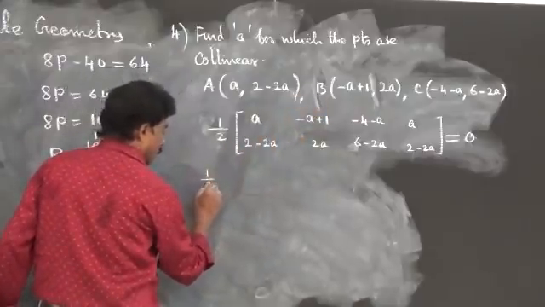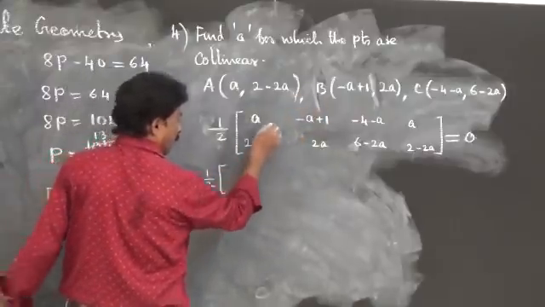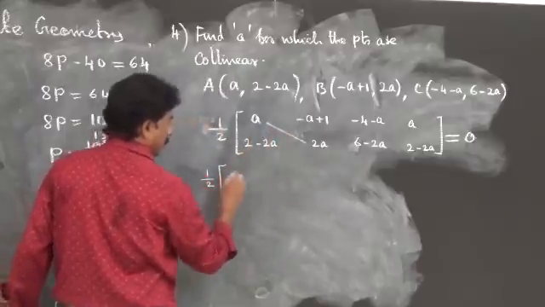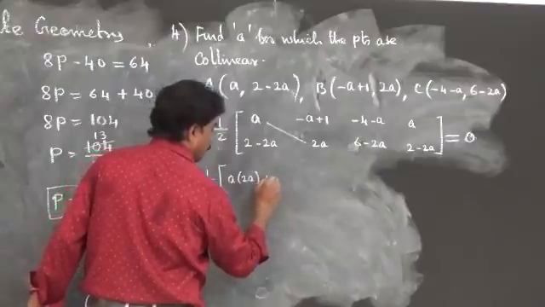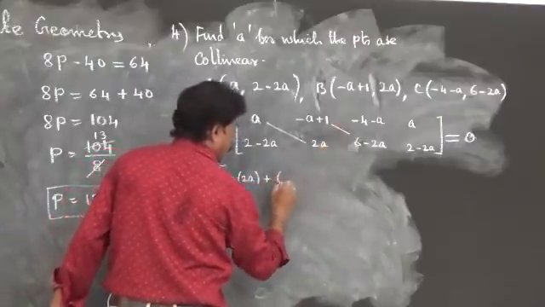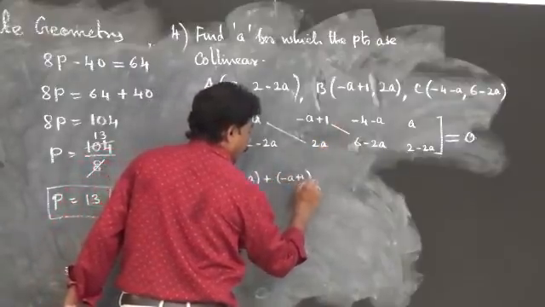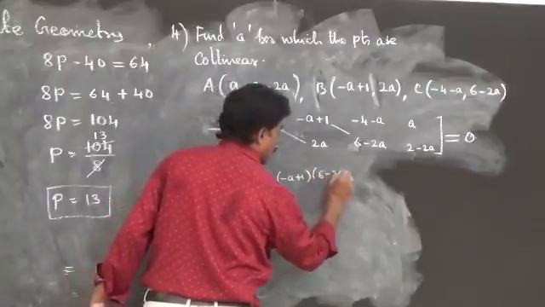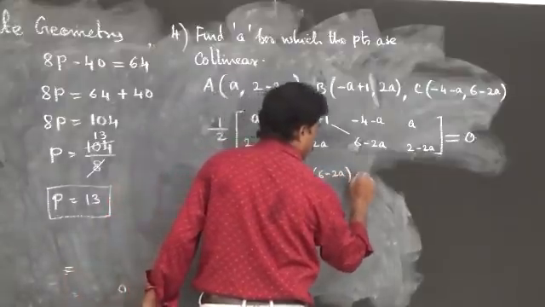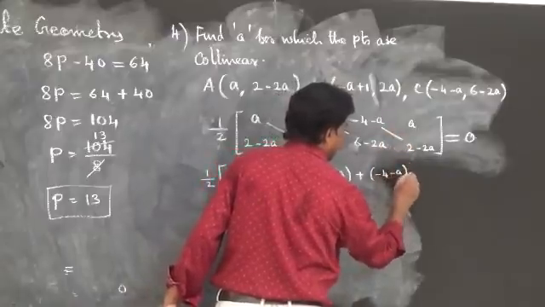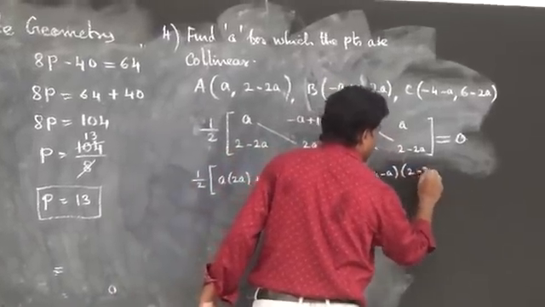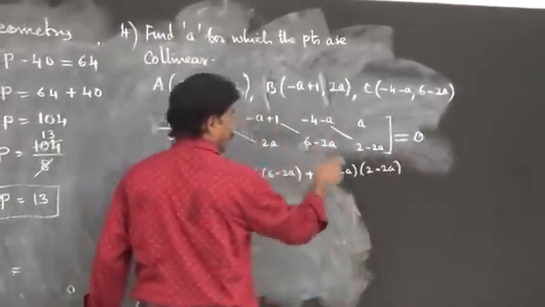So 1 by 2, as in the previous problem, multiplied: a into 2a, plus minus a plus 1 into 6 minus 2a, plus minus 4 minus a into 2 minus 2a. Top we finished.